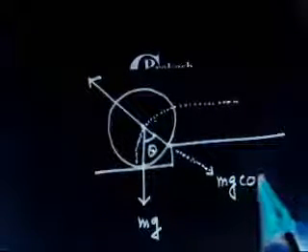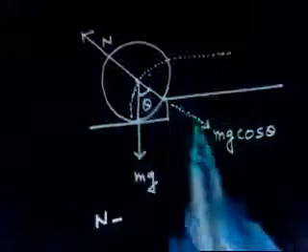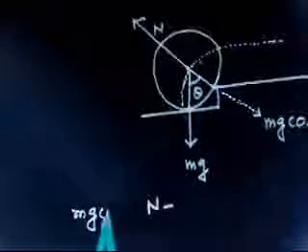The normal reaction is here. For circular motion, the net force towards the center is mg cos theta minus N, and this should equal m v square by r, and v is simply omega.